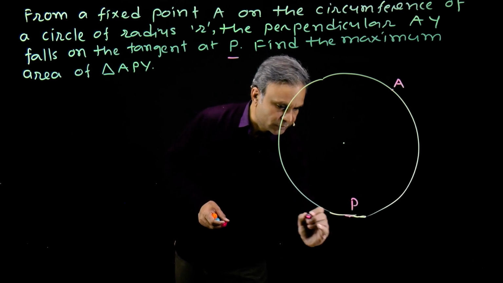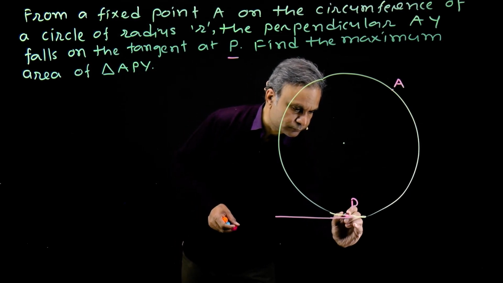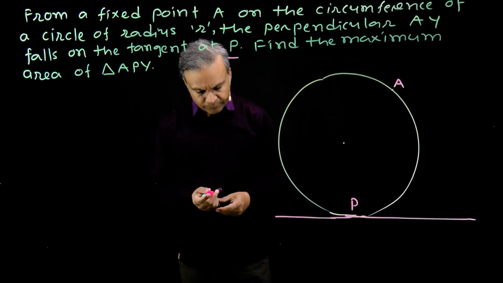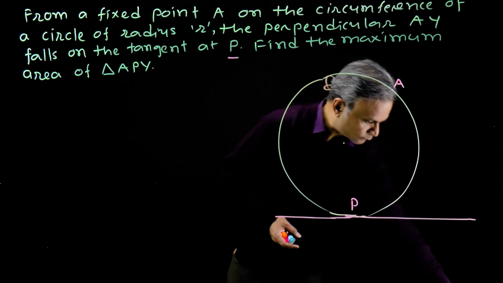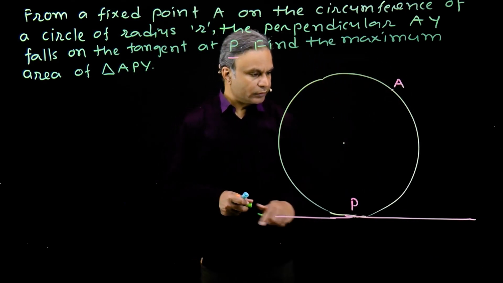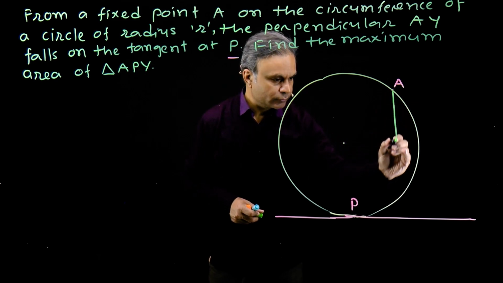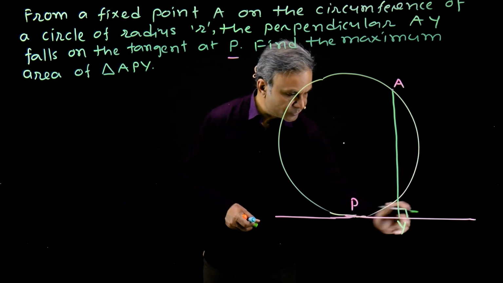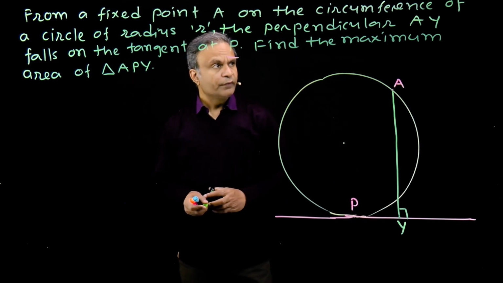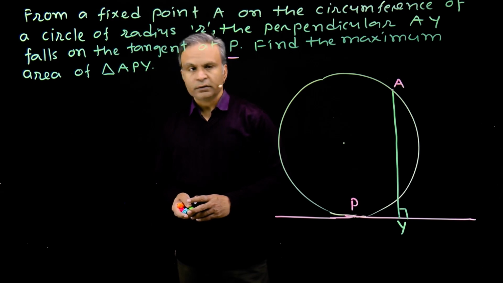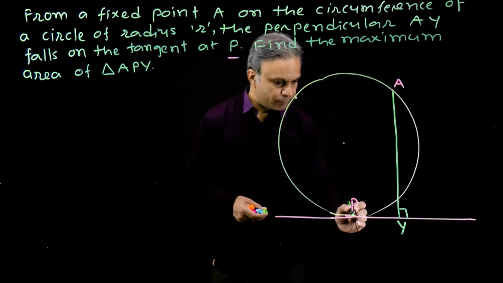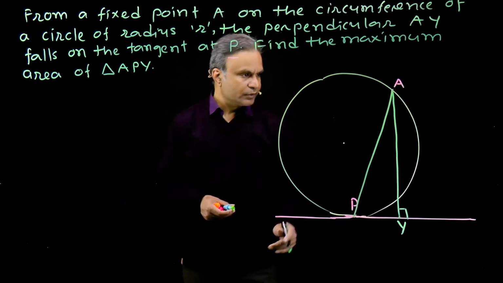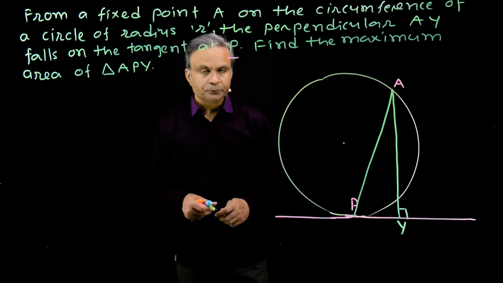This is point P, and this is the tangent line at point P. Now from point A, perpendicular AY is drawn, where Y lies on this tangent line. Then we have to find the maximum area of triangle APY. We have to find the maximum area of this triangle.